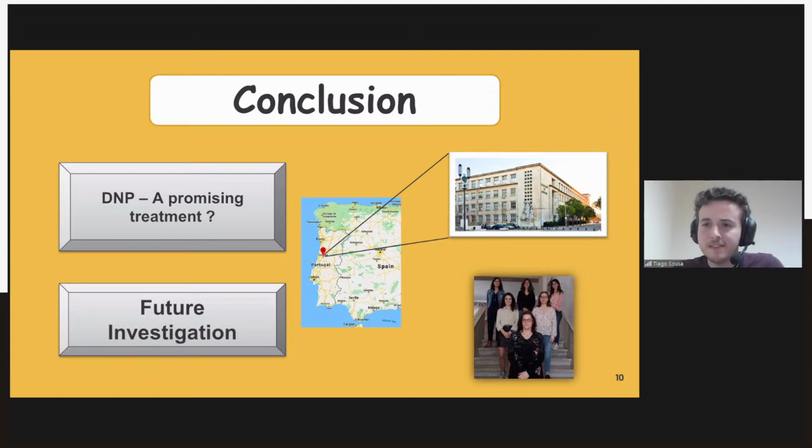Is DNP able to revert that? I don't know. Future investigation is needed. I can say another, for example, we incubated DNP and oxalic acid at the same time with the cells. We got it. Okay. Thank you very much.